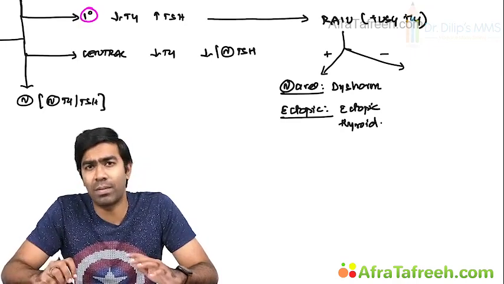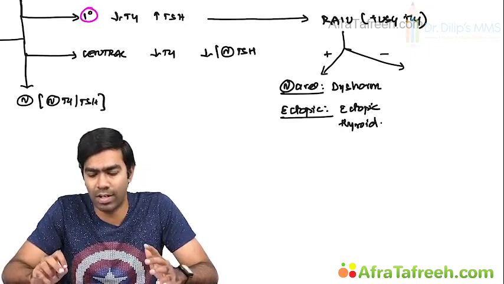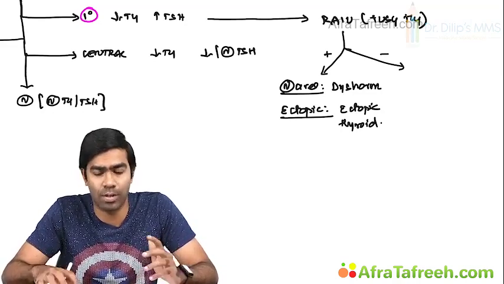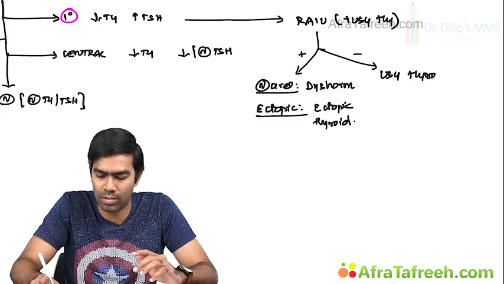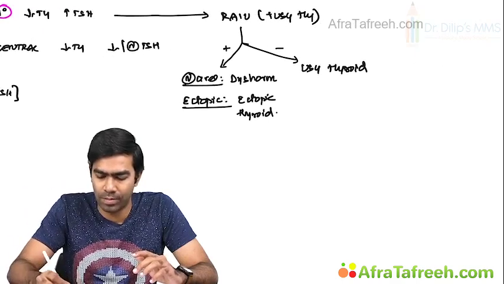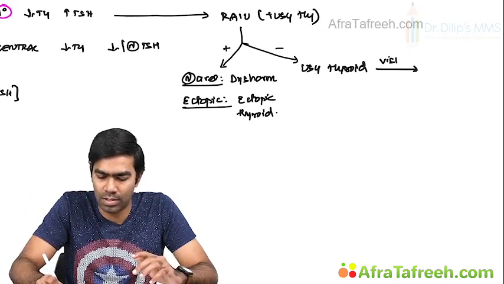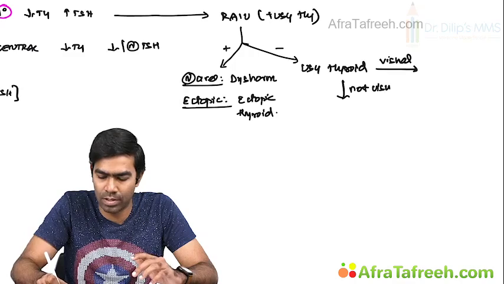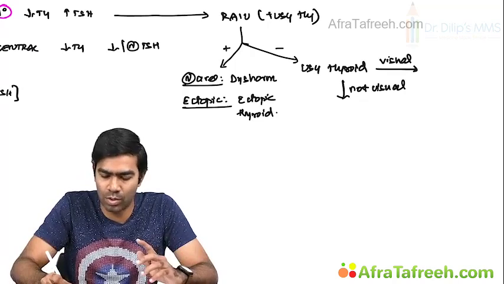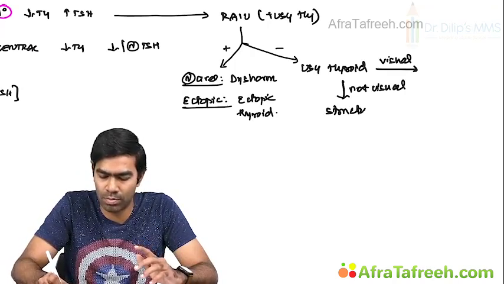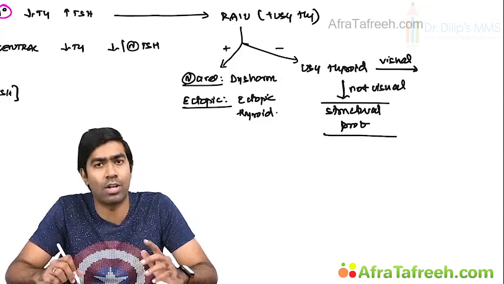When the radioactive iodine uptake is negative, when there is no uptake at all, then do the ultrasound of the thyroid and see the results. The thyroid can be visualized, or it may not be visualized at all. If the thyroid is not visualized or poorly visualized, it usually points towards a structural problem, like dysgenesis or agenesis.